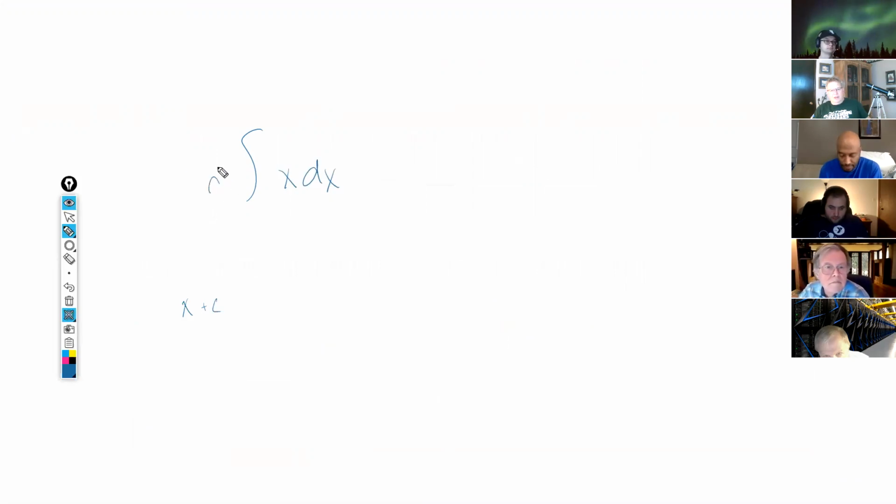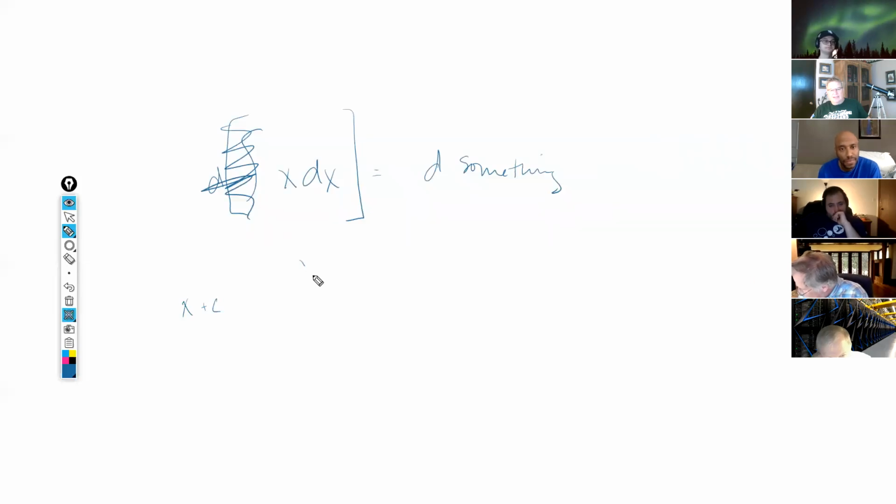I want to take the derivative of something that is going to be equal to the derivative of something else. So I get rid of this 2, and I'm like, x dx is the derivative of what? Isn't it x?